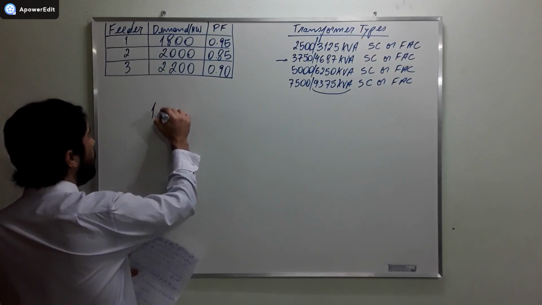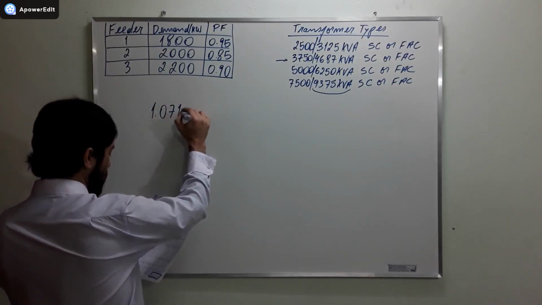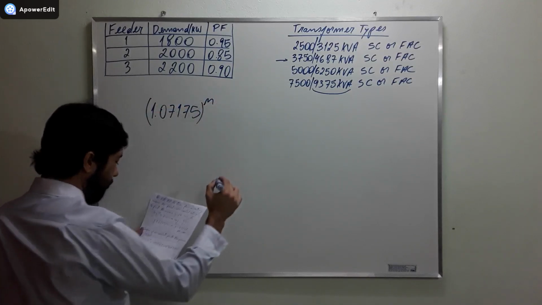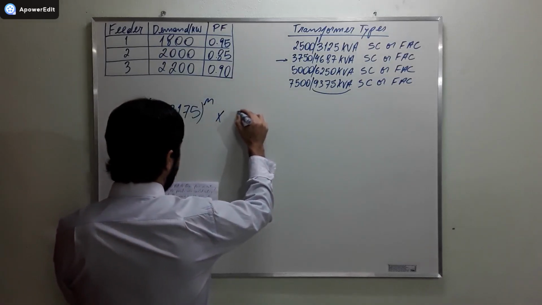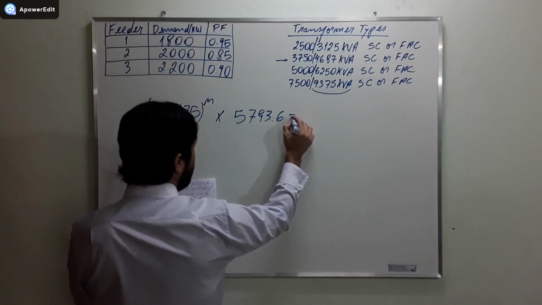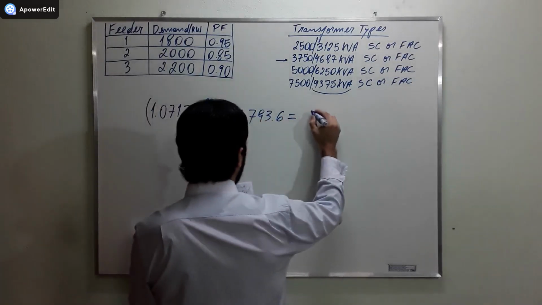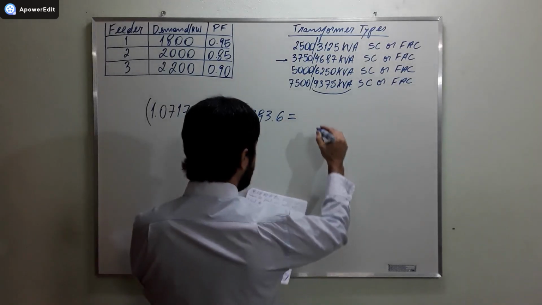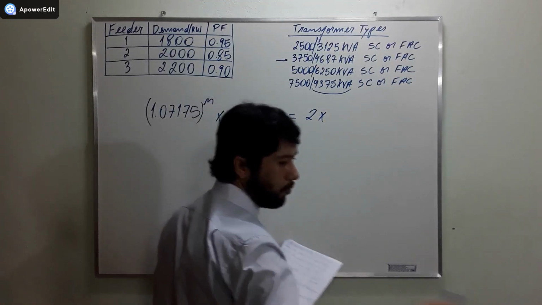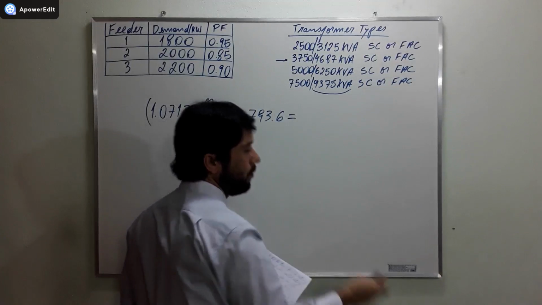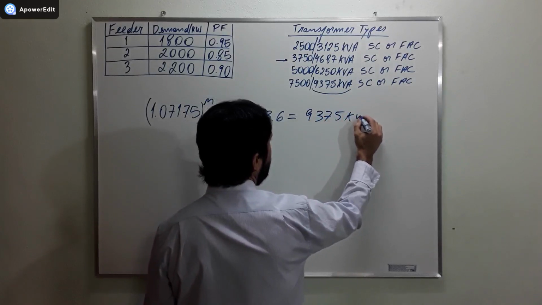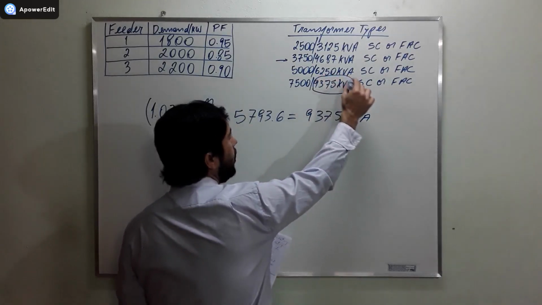So 1.07175 raised to the nth power times 5793.6, this is the maximum demand, is equal to, no, sorry, it's 9375 kVA, because we are working with this.